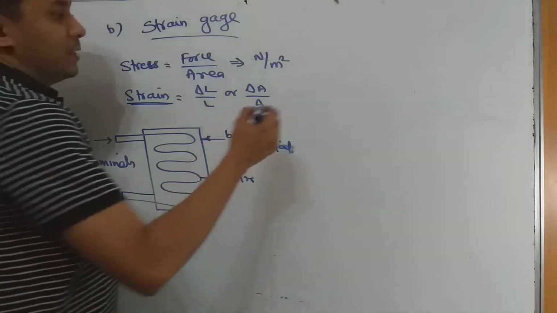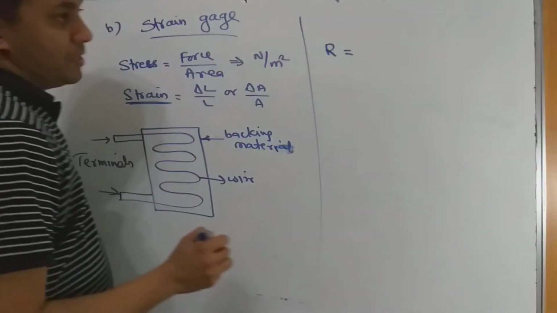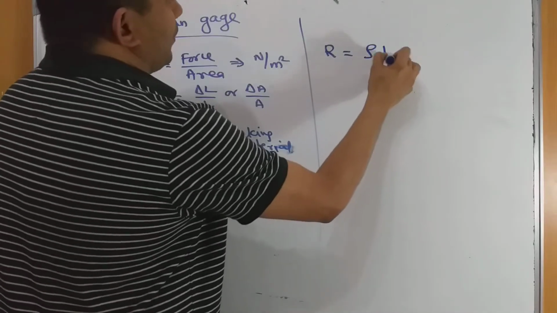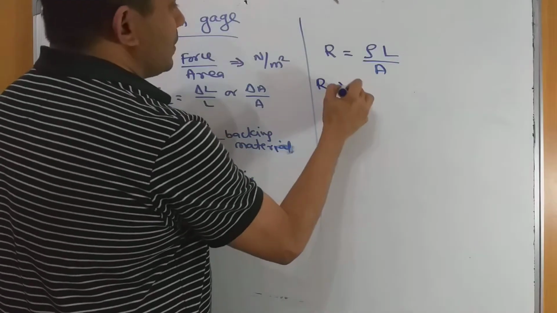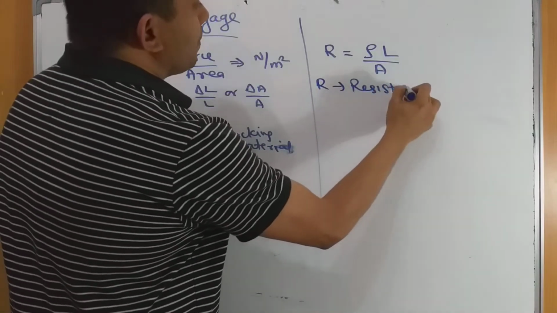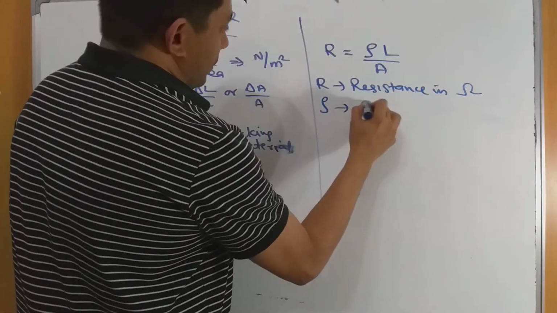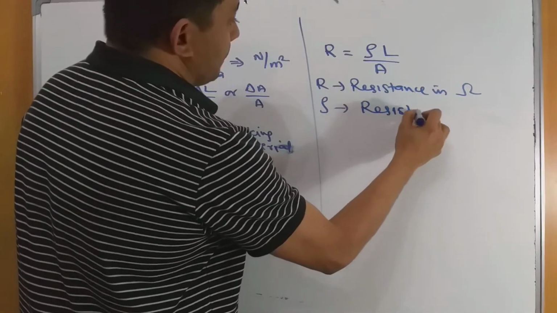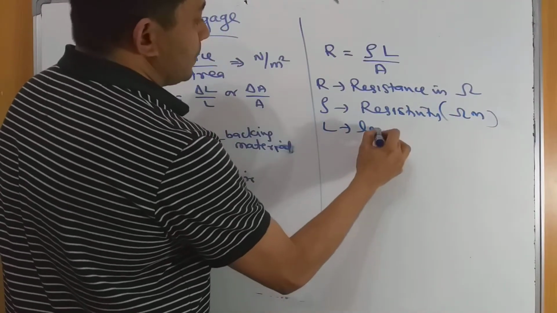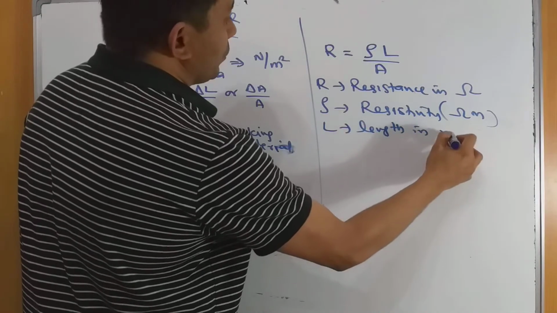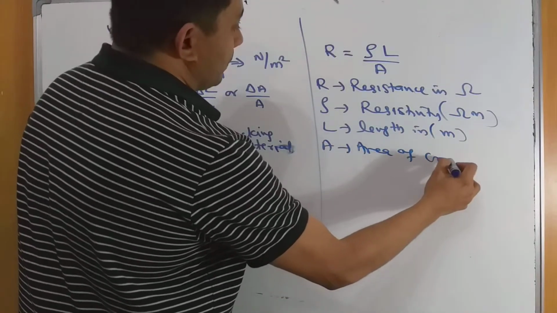As we have studied in basic electricity, the resistance of a material can be calculated from the equation R = rho L over A, where R is the resistance in ohms, rho is the resistivity, which is in ohm meter, L is length, which is also in meter, and A is the area of cross section.